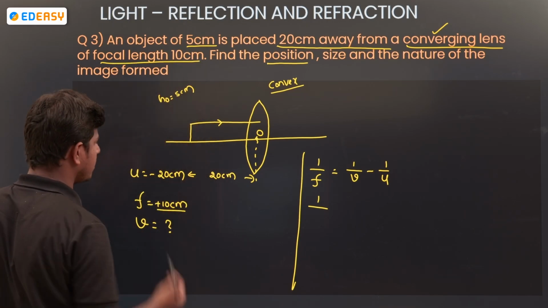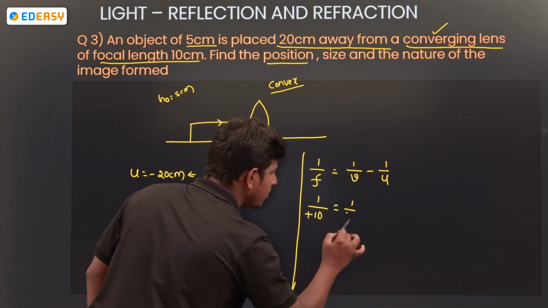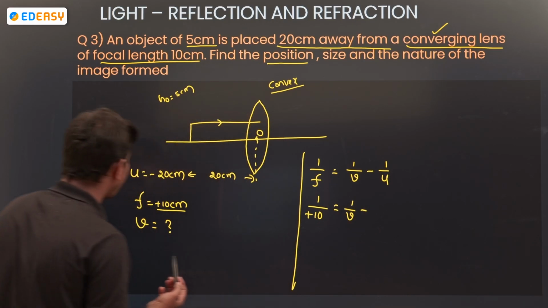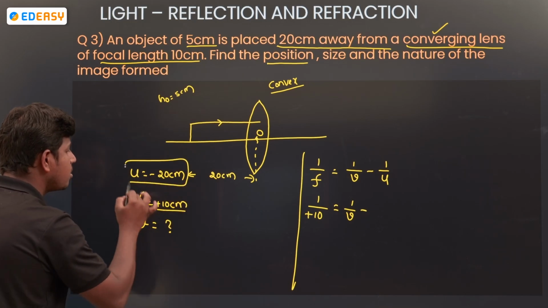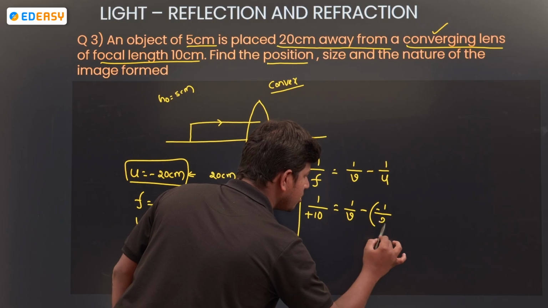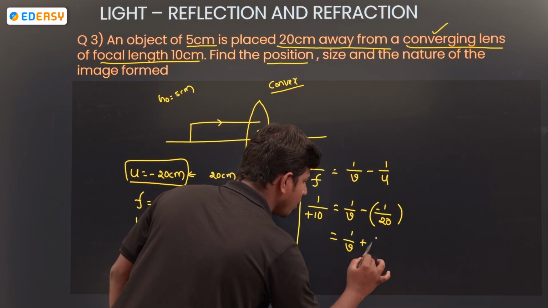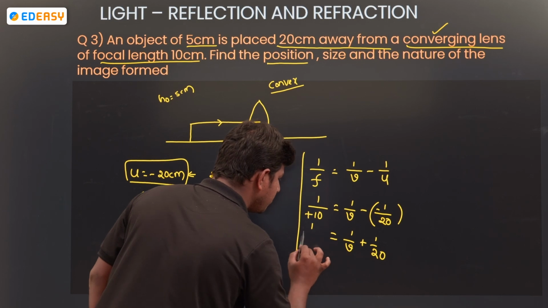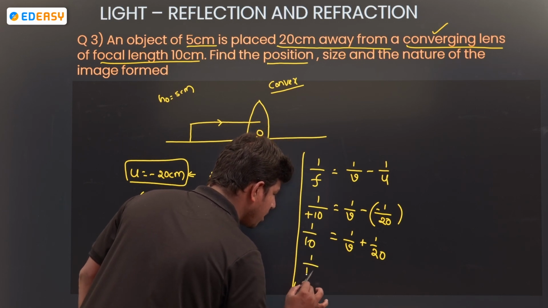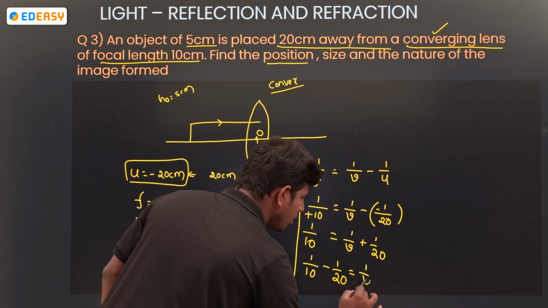Focal length is 10 centimeter. 1 by plus 10 is equal to 1 by v minus object distance minus 20 centimeter. Substituting minus 20, minus into minus gives plus 1 by 20. If it comes to this side, 1 by 10 minus 1 by 20 is equal to 1 by v.